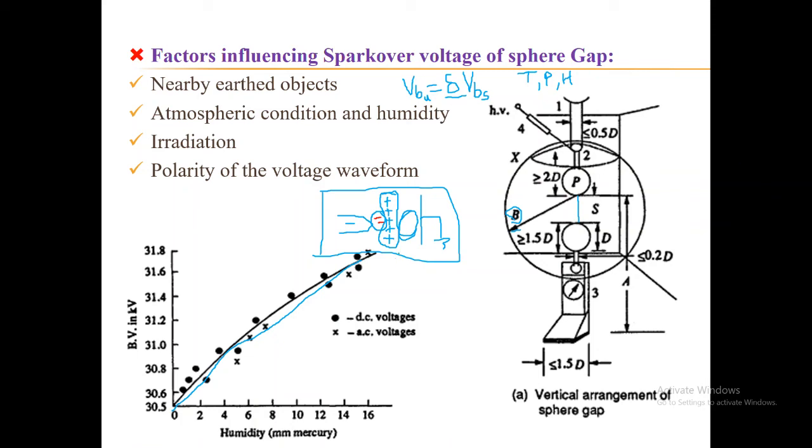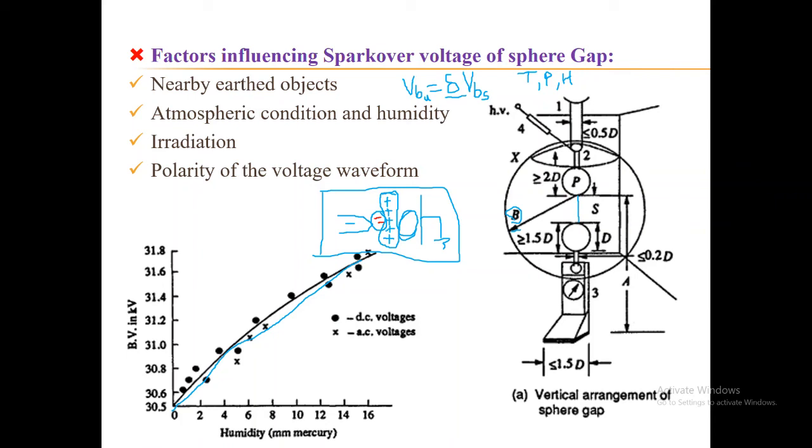Okay, so because of this space charge activity, we can observe the alteration in the spark core voltage when the polarities are changed. But this effect can only be observed where the field is strongly non-uniform.